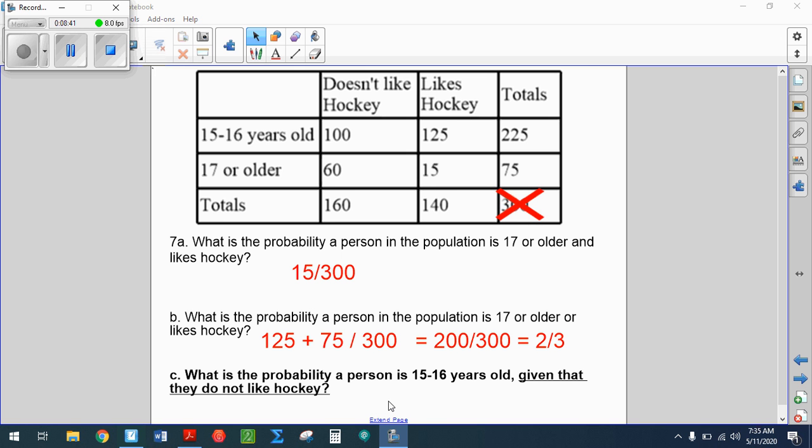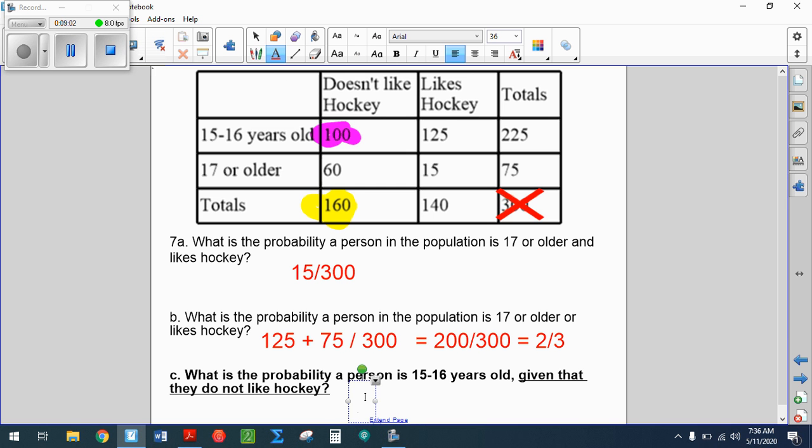So given that they do not like hockey, we got rid of the 300 because that's not the total we're looking at. We are looking at the fact that they don't like hockey. So out of this new total, what's the probability that they are 15 or 16? So my answer is going to be 100 out of 160.